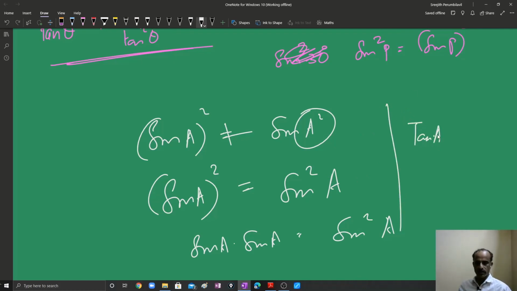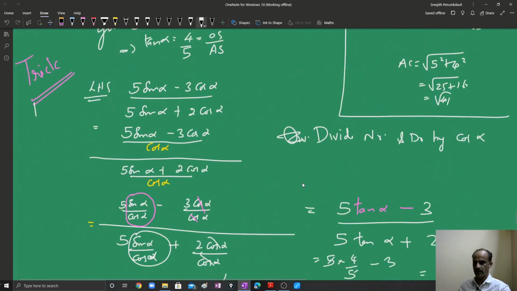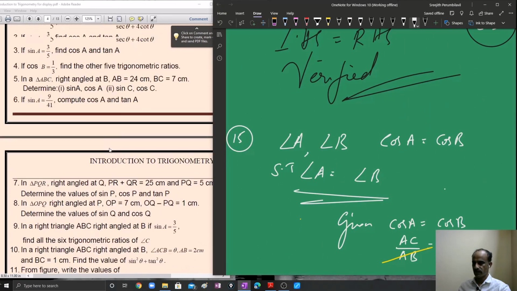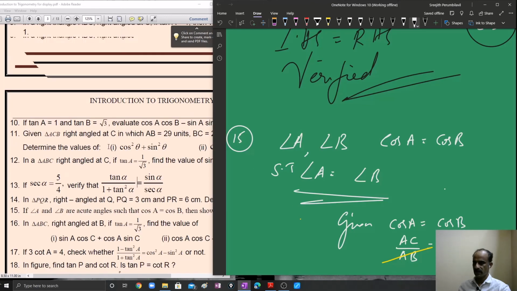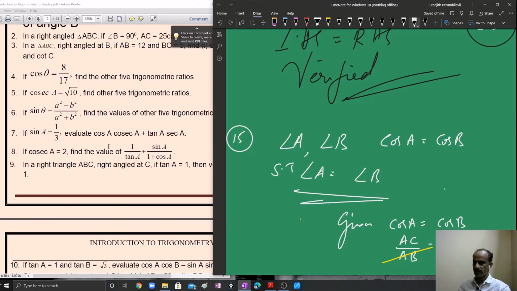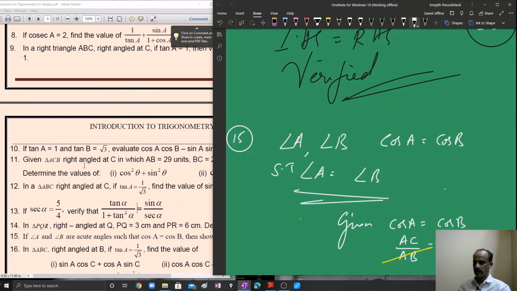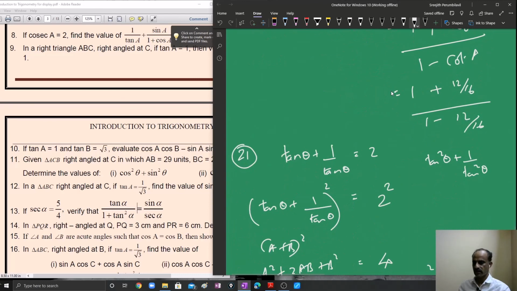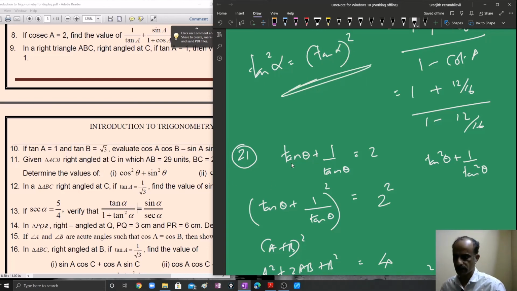Tan A whole square is the same as tan square A. We have already used this in one question without noticing, because it's a very simple thing. Here we have used tan square alpha. The meaning of tan square alpha is nothing but tan alpha whole square. So please make a note of it.